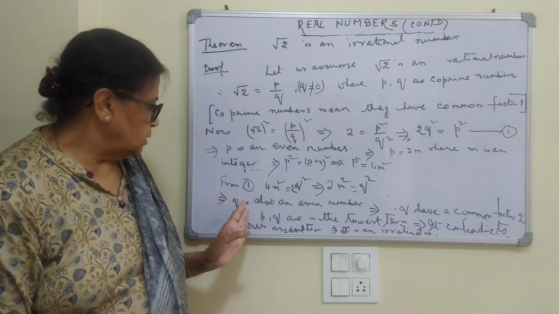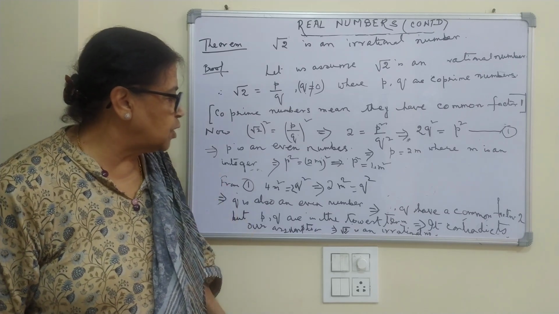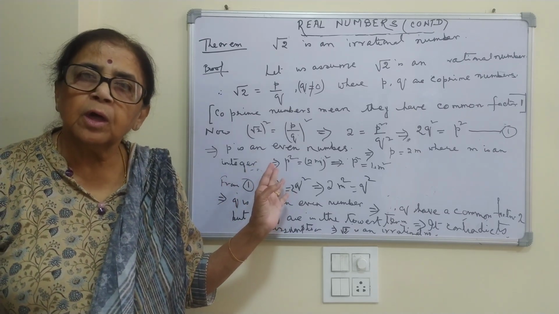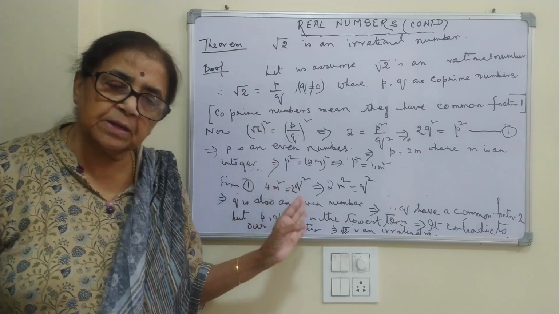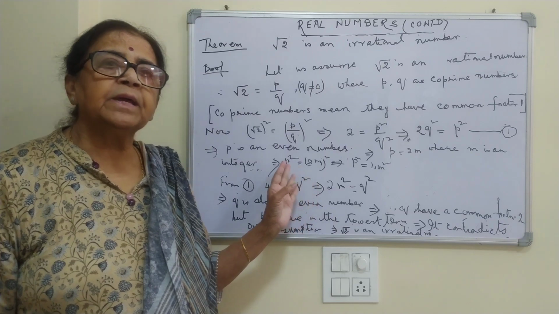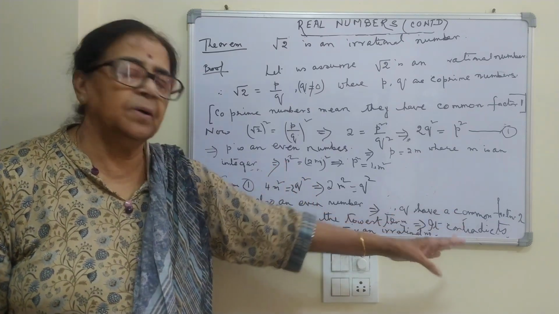So P is an even number and Q is also an even number. So they have a common factor 2, which contradicts our assumption. So we prove by contradiction that root 2 is an irrational number.